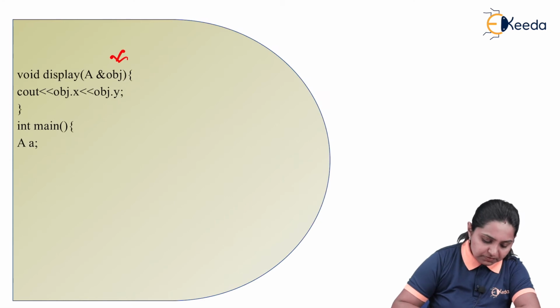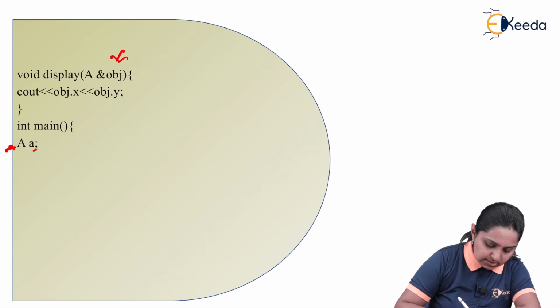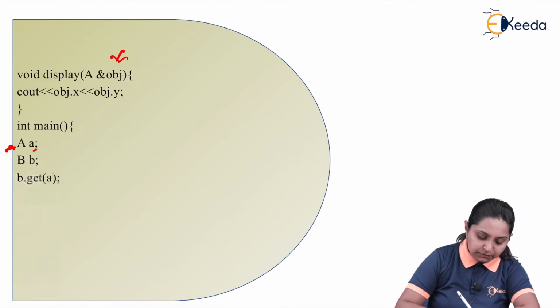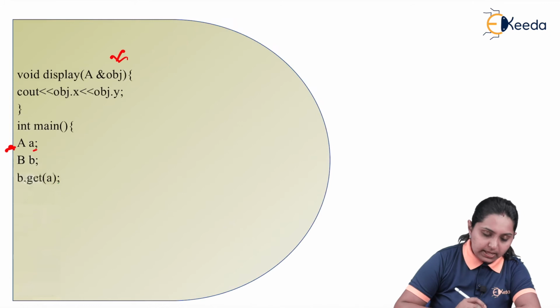Now, in the main function, we create the object of class A as A. Next, we create the object of B as B. Then we call the function b.getA.